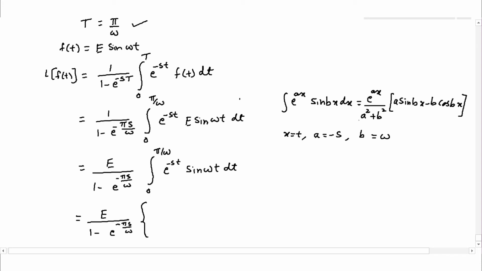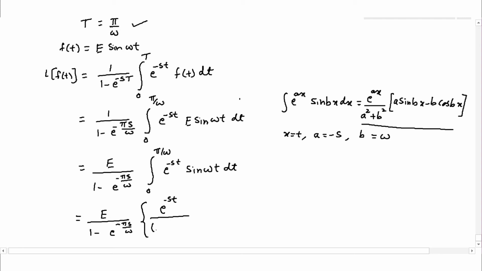So you have this particular formula, e power of ax by a square plus b square. So it is e power of a value minus s, x value t, divided by a square plus b square.